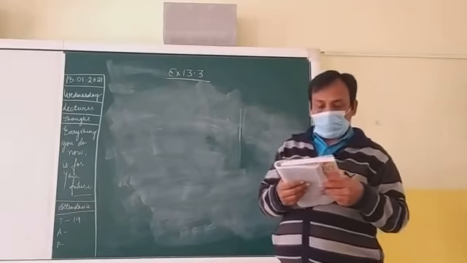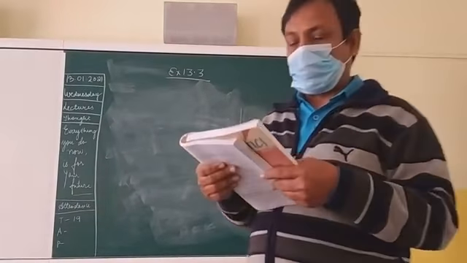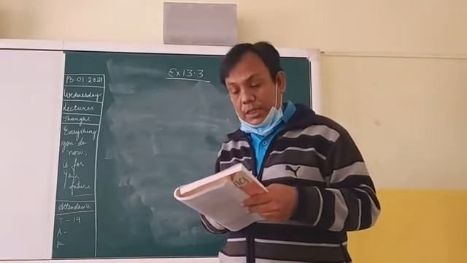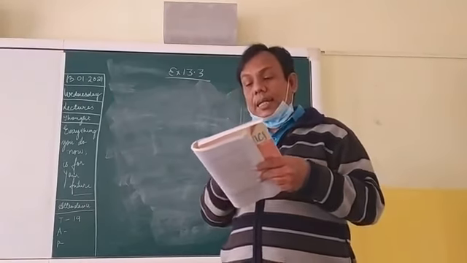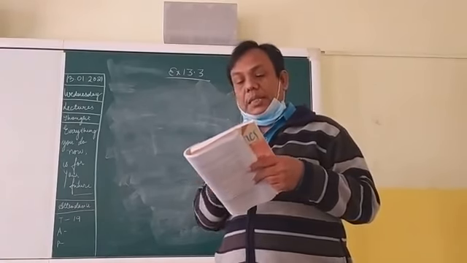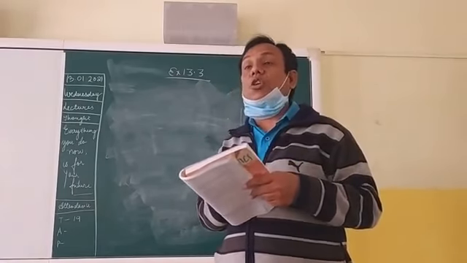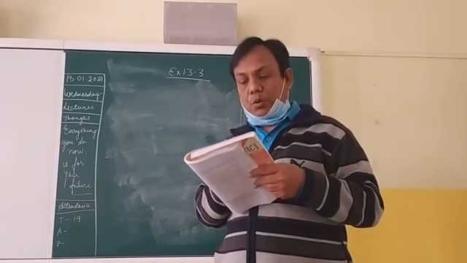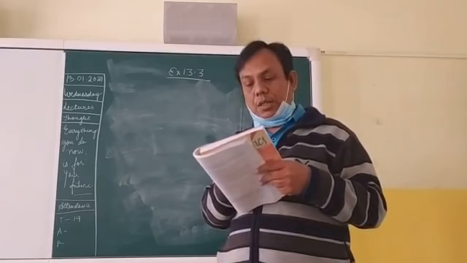So now we have to do question number 3. Question number 3 is: of the students in a college, it is known that 60% reside in hostel and 40% are day scholars. Day scholars means who come every day and reside outside, they are not residing in the hostel.